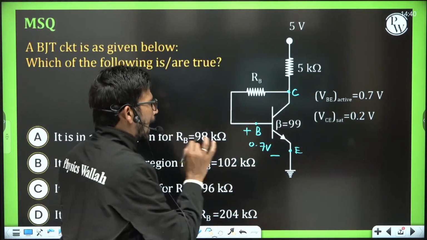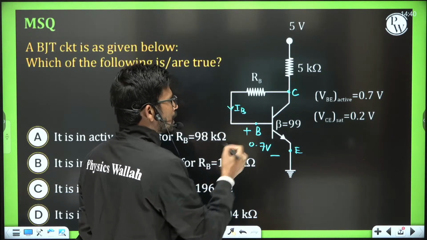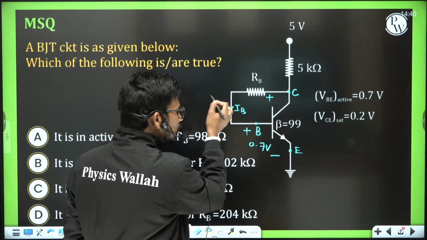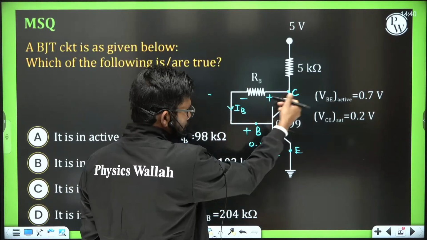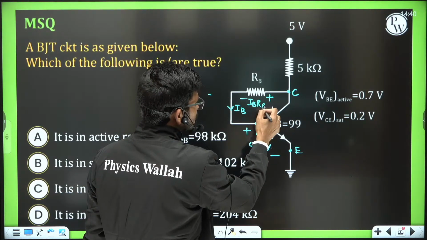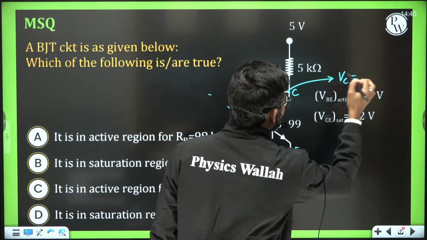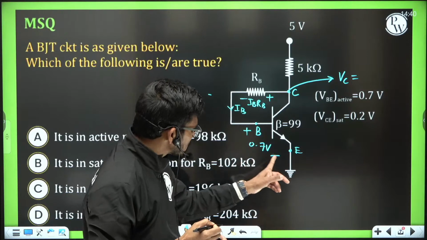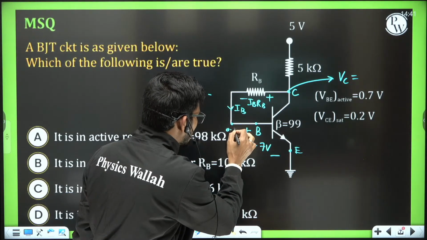And if it is on, definitely IB current will be flowing. This IB current is flowing through this RB resistance, so this voltage is IBRB, some positive voltage. If I calculate voltage VC, the emitter node is ground, then this base node will be at 0.7 volt.